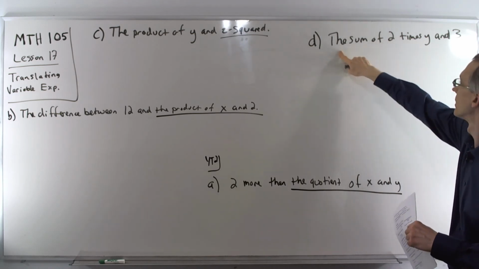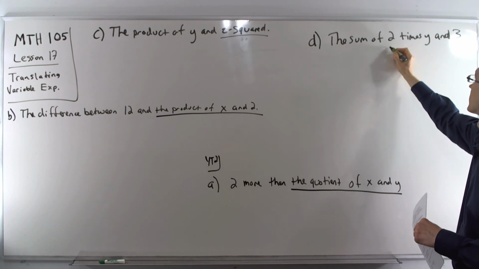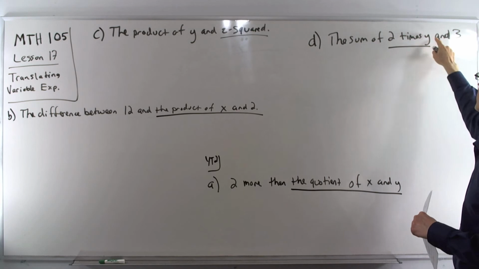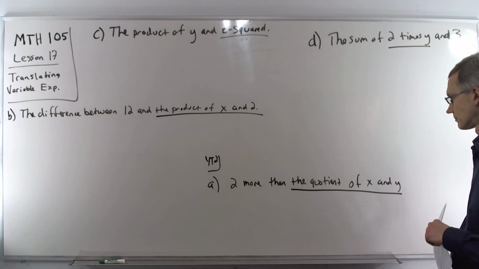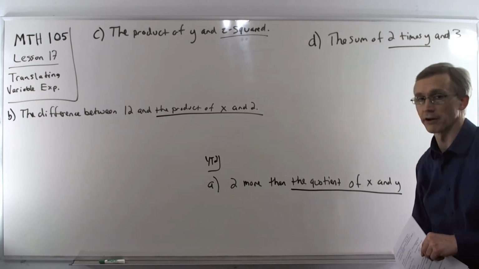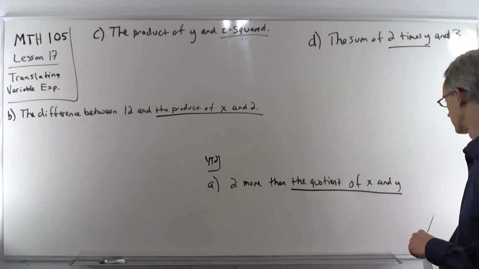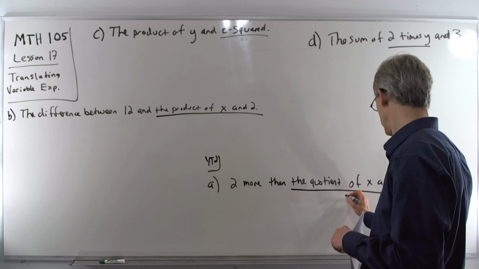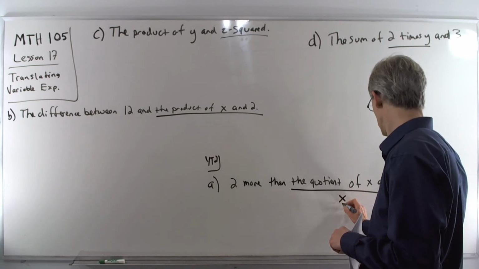Can't start there. So we have our second operation. So instead, we're going to start here. 2 times y. 2 numbers and our variables, 1 operation. All right, now for each of these, the next step is to go through and translate the underlying phrase. So go ahead and do that for each one.